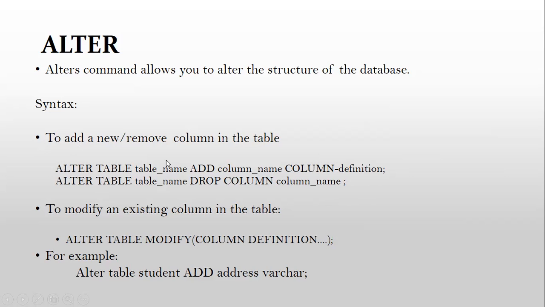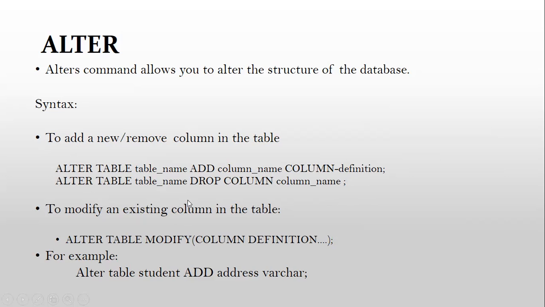So the syntax to add a column in the table is that first you need to write alter table, then the table name, add the new column name, and the column definition, that is what will be the data type for this.